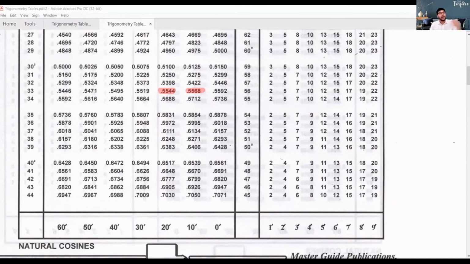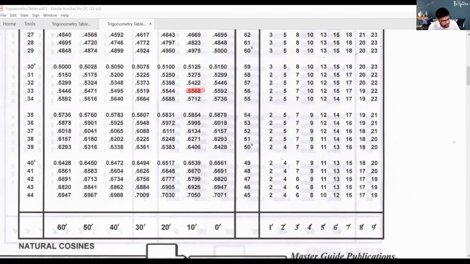So we go to the higher value and we subtract until we get 0.5556. Okay, so we don't go to the lower value. We go to 0.5568 and we subtract until we get 0.5556. So children, from 0.5568, you have to subtract 12 to get 0.5556, right?